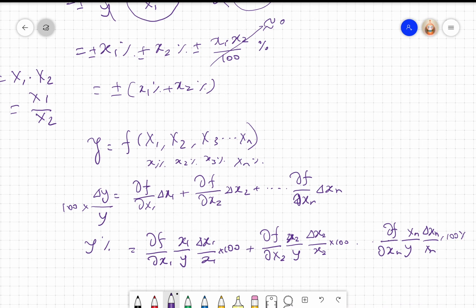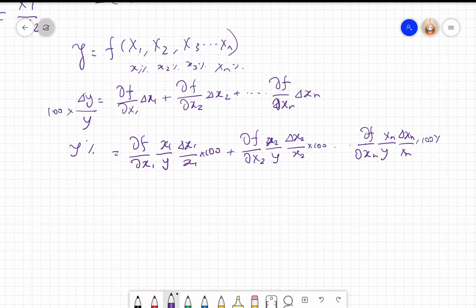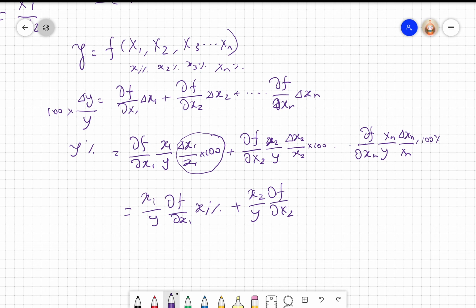So now I can write this as y percent is equal to, we know this is x1 percent, so x1 by y into dou f by dou x1 into x1 percent plus x2 by y into dou f by dou x2 into x2 percent plus dot dot dot dou f by dou xn into xn by y into xn percent.